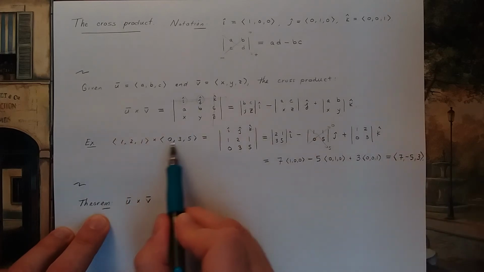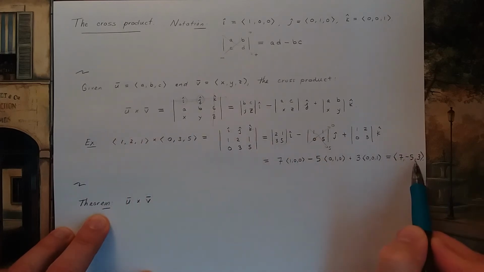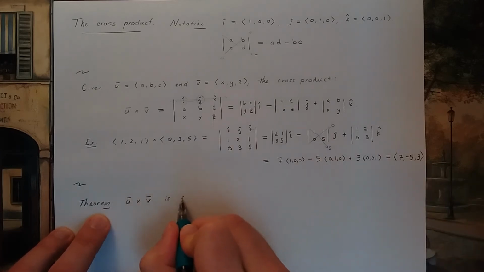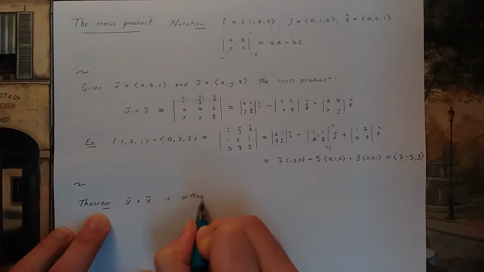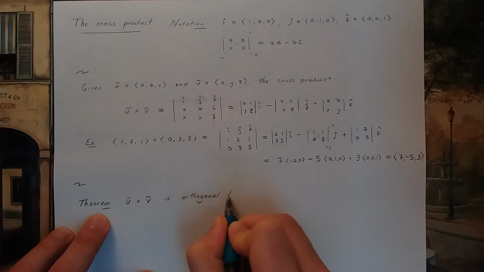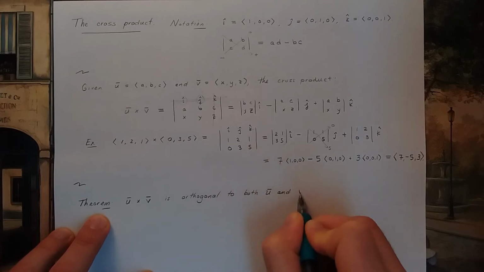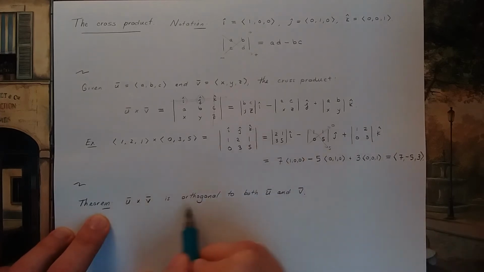So I take the cross product of two vectors in R3, and I get a vector in R3. u cross v is orthogonal to both u and v. So this is the main purpose.